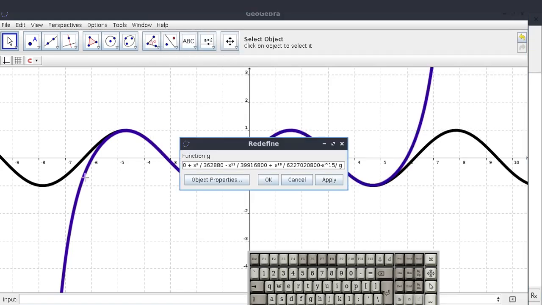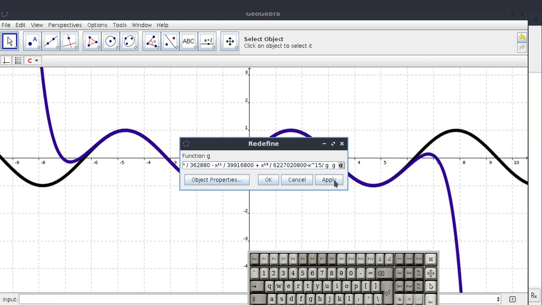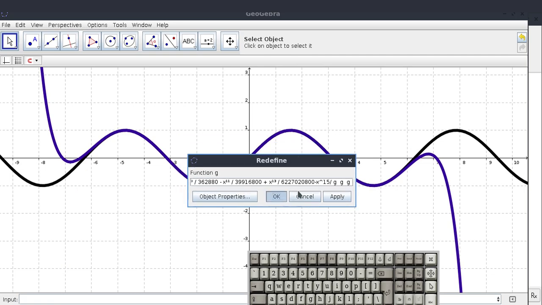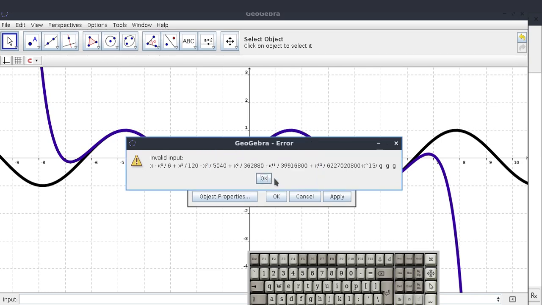So let's add the 10 to the 12 to all of this now. So we're going to minus x to the power of 15 over this number. Okay. All right. So there you go.